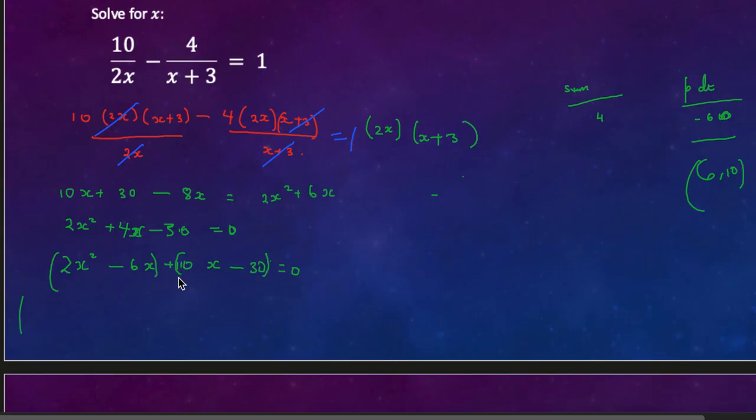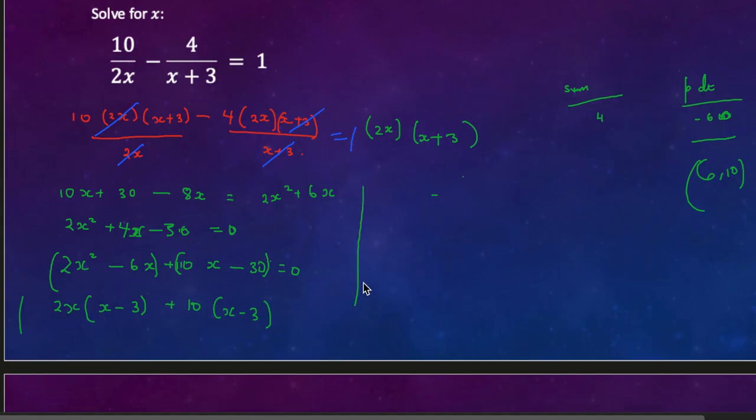This is 10. Here we can factorize out the 2x, and now we shall have x minus 3. And now we can factorize out the 10 here, because 10x and 30, so now this is plus 10 into x minus 3. Okay, now we fixed it.